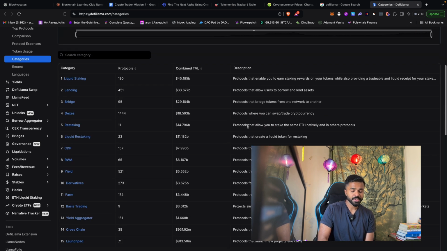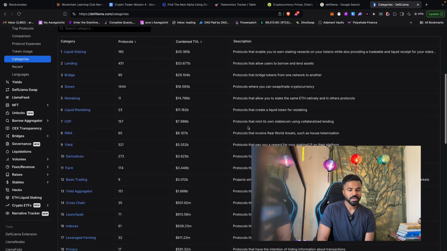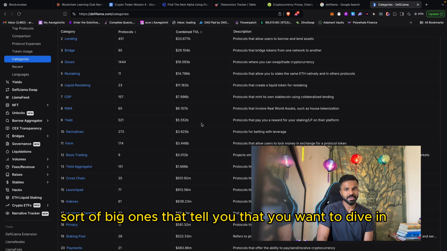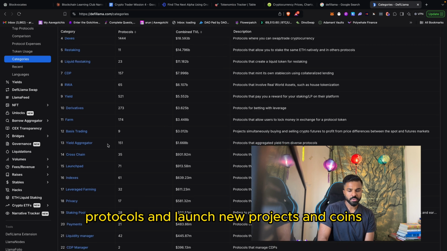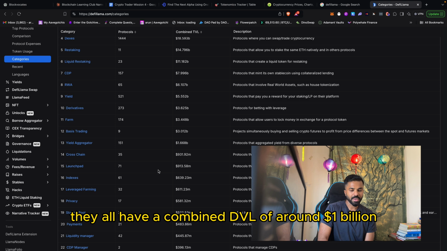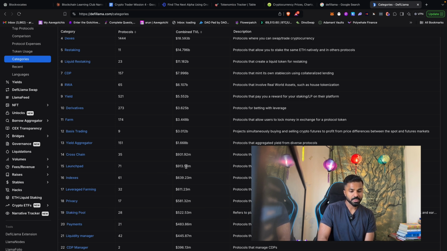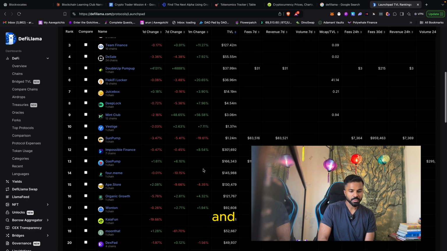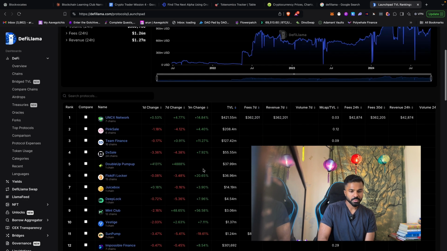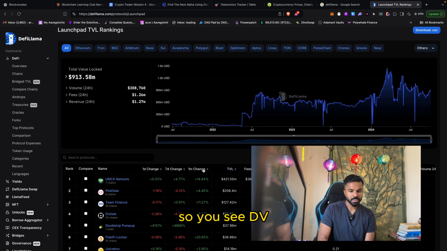If you're interested in the DeFi side, pick one sector here that you want to dive deeper into. So maybe I'm going to look at protocols that launch new projects and coins. They all have a combined TVL of around $1 billion. That's for a launchpad. And so we see TVL.